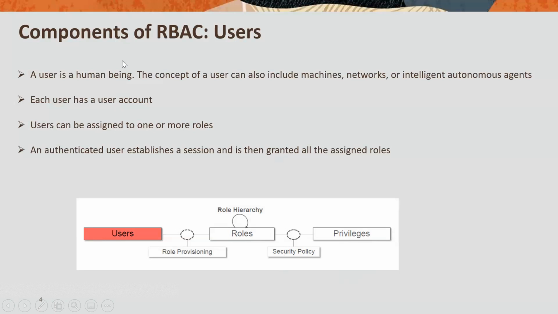And in this, the first component is user. A user generally will be a human. And in some cases, we can create a user for a specific purpose, something like an integration user or data conversion user, for uploading, for doing any imports, right?